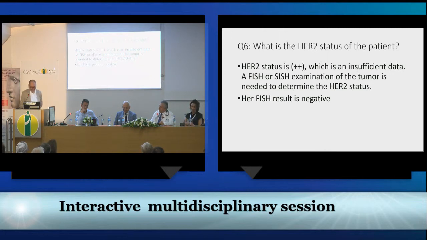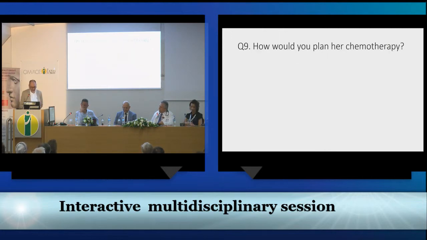In that case, 4 courses of AC and then weekly paclitaxel or taxotere, another 4 courses, could be one of the preferred regimens for this case. And that could be the chemotherapy that I would give her.